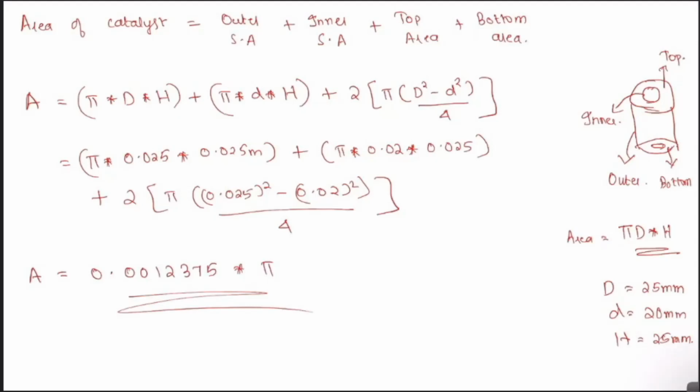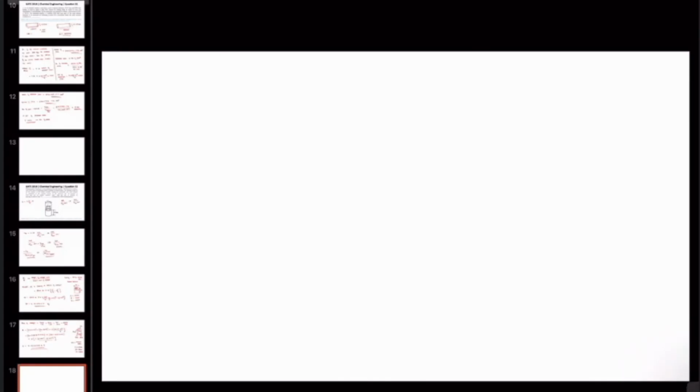So now we have W and we have A. W is equal to 0.01253 into pi kg and A is 0.001235 into pi meter square.